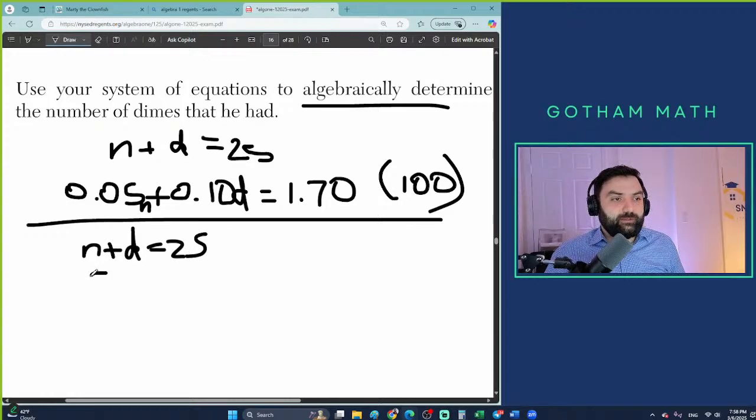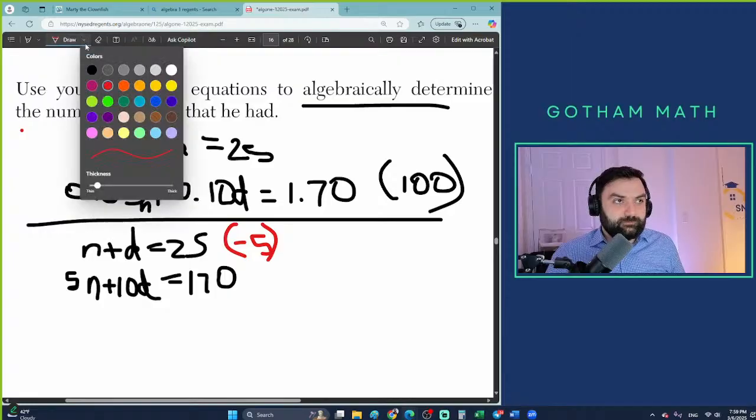And then 5n plus 10d equals 170. Now we can use an elimination method. How am I going to use the elimination method? I'm going to multiply the top equation by -5.